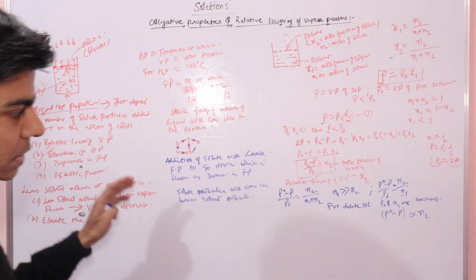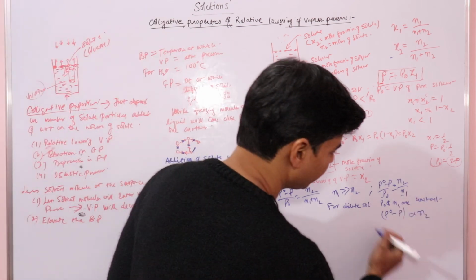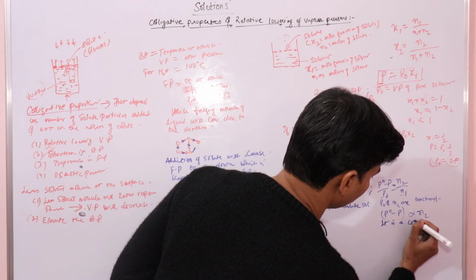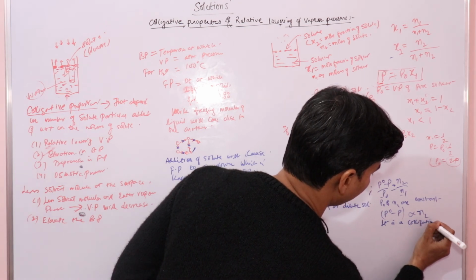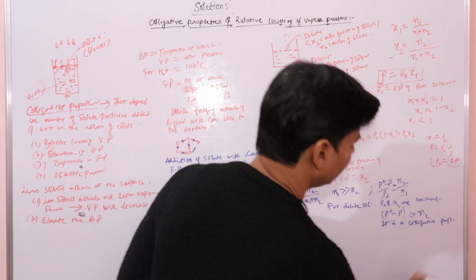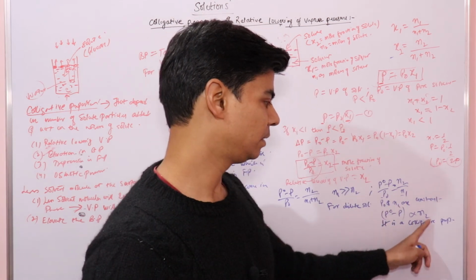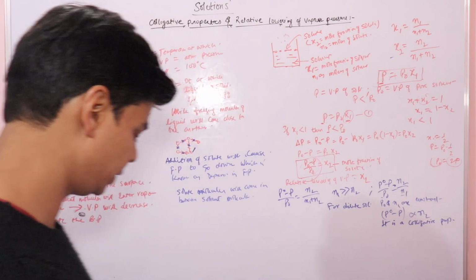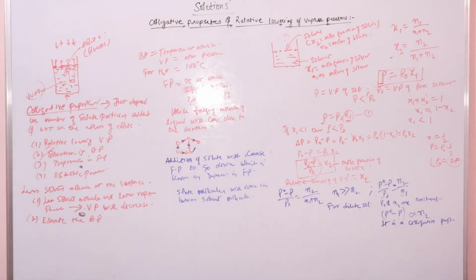We call these properties colligative properties. So this proves that it is a colligative property, because lowering in vapor pressure is directly proportional to the number of moles of solute, right? And from this colligative property you can calculate the molecular weight of the solute.